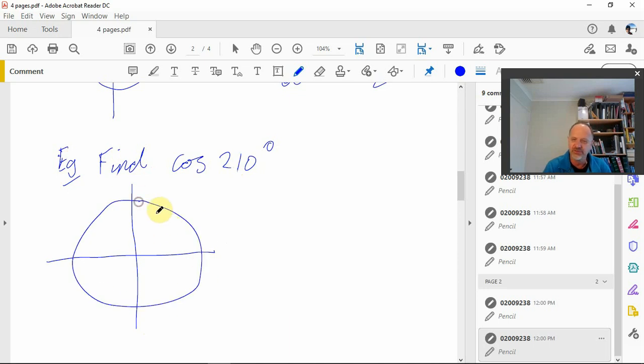And I always draw a unit circle. That would be my recommendation, although there's always people who don't want to. But for me, it makes things easy to see. All right, so 210 degrees is more than 180, but less than 270, so it's here somewhere.